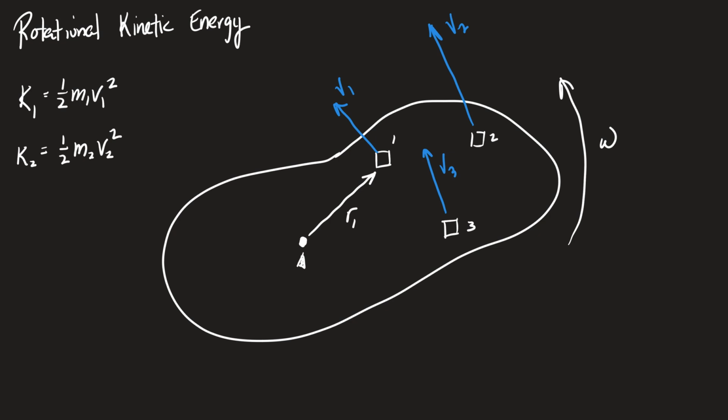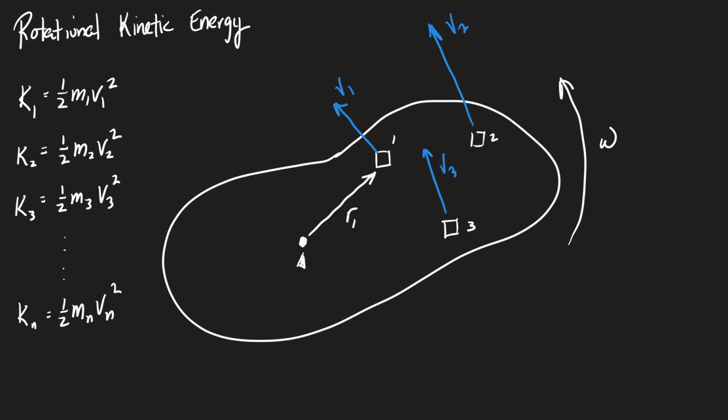And I think the kinetic energy of piece 3 would be 1/2 m3 v3 squared. All right. Now, obviously, we could extrapolate this for every single piece of potato until we get to the last piece of potato, 1/2 mn vn squared.